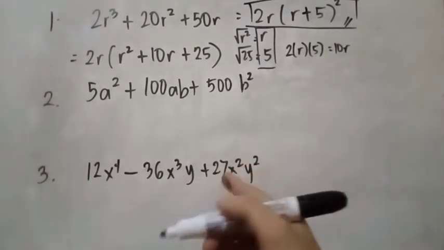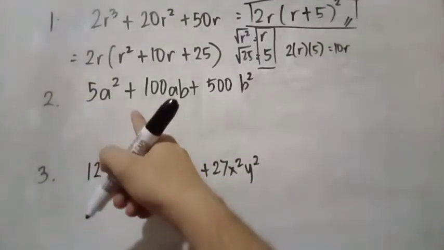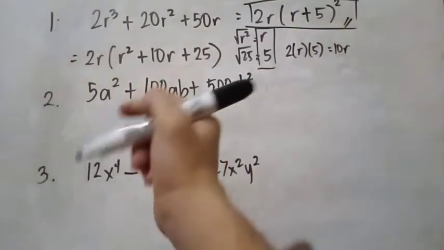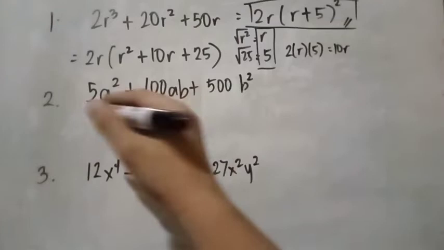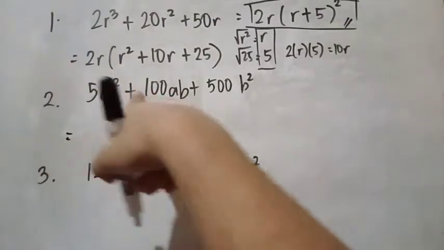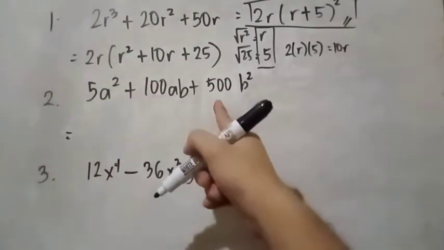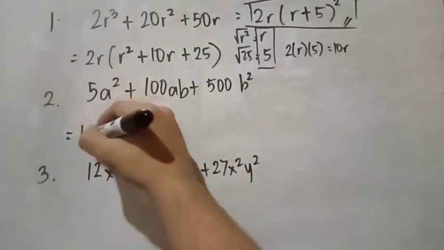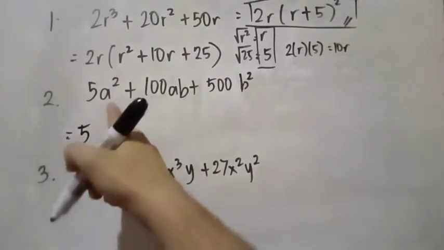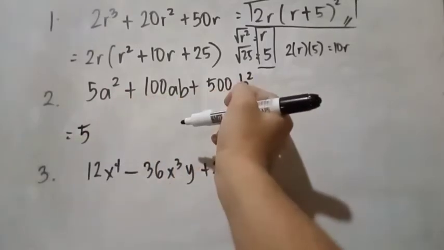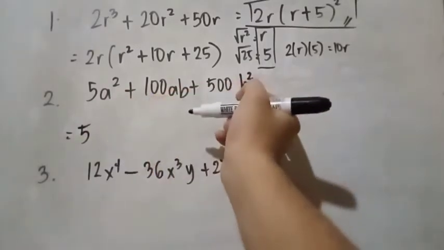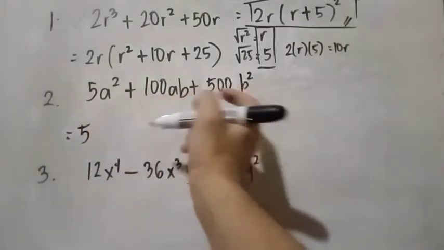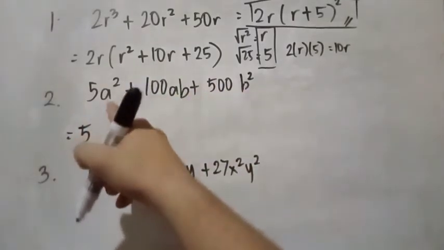Next, number 2. 5a squared plus 100ab plus 500b squared. So, again, we have 100 and 500 has common factors and that is 5. Tapos, pagdating naman sa variables, mukhang wala, di ba? Kasi walang a dito. So, wala tayong magiging common factor. Ganun din sa b, di ba? So, walang b dito.